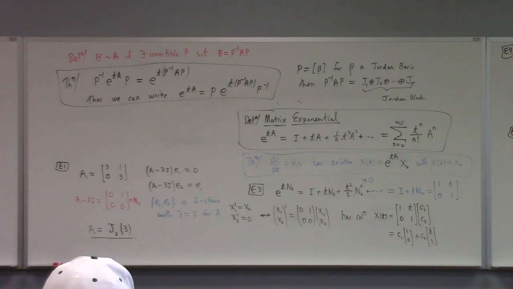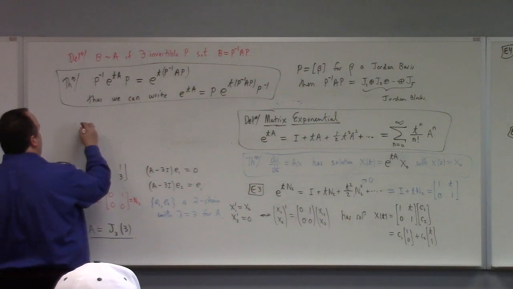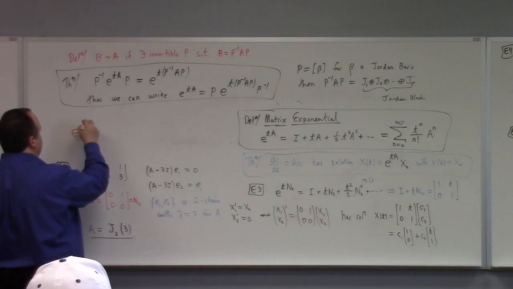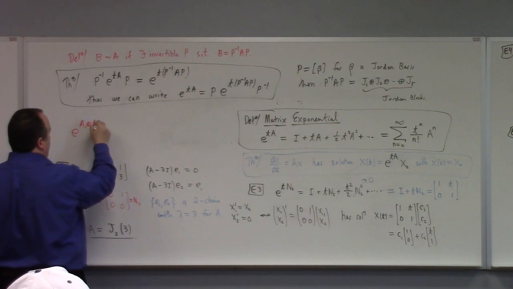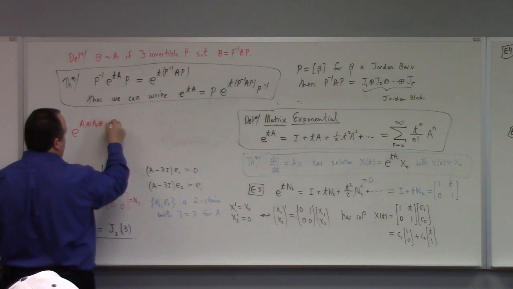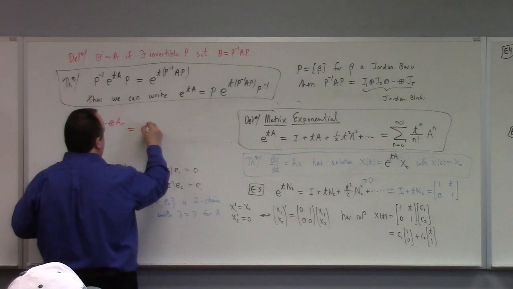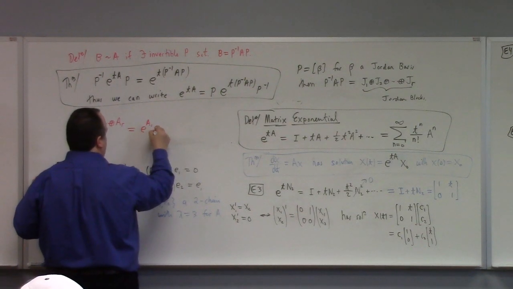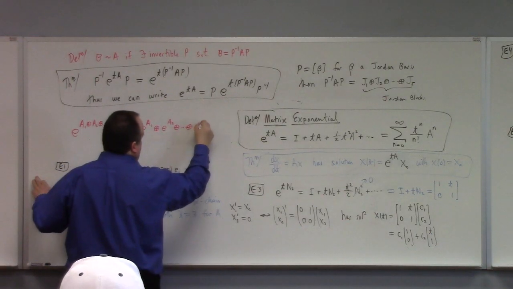Well, we already know how to calculate the matrix exponential of a Jordan block, right? What about the direct sum of Jordan blocks? How's that go? Well, good news. If you have the matrix exponential of, say, A1 direct sum A2 direct sum Ar, this is equal to e to the A1 direct sum e to the A2 direct sum e to the Ar.